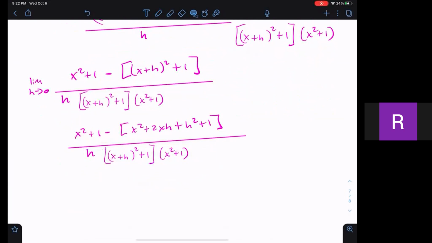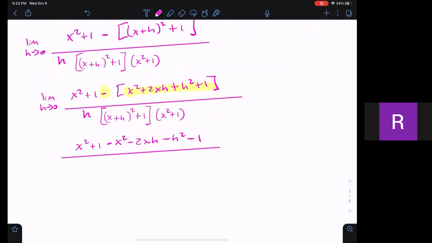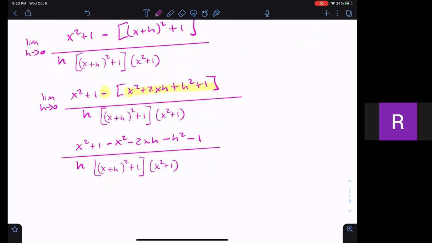Okay. So now we need to simplify. Remember, this is the limit as h approaches 0. This is x squared plus 1, and everything inside here is going to change sign because we have the negative here, right? So that's going to be negative x squared minus 2xh minus h squared minus 1, all over all this stuff, right? Not a big deal.